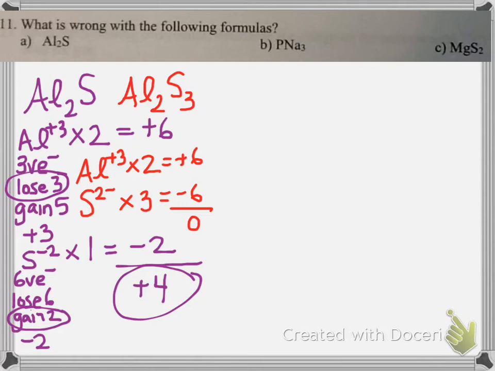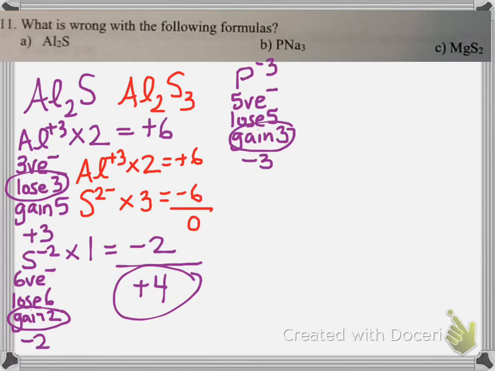All right, we look at phosphorus and sodium. So we have phosphorus, which is in group 5A and has 5 valence electrons, so it can lose its 5 or gain 3. It's going to gain 3. It has a charge of negative 3. Sodium is in group 1A.